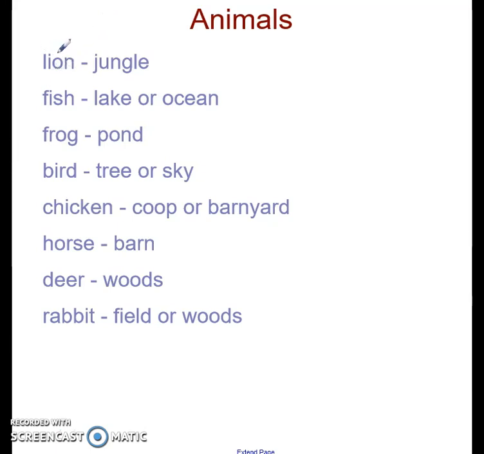So here I have a lion who lives in the jungle, fish that lives in a lake or ocean, frog which would live in a pond, a bird which would live in a tree or sky, chicken which lives in a coop or a barnyard, a horse which lives in a barn, deer which live in the woods, rabbit which would live in the field or the woods. So these are just some ideas. You can, of course, come up with your own animal and think about where your animal lives.